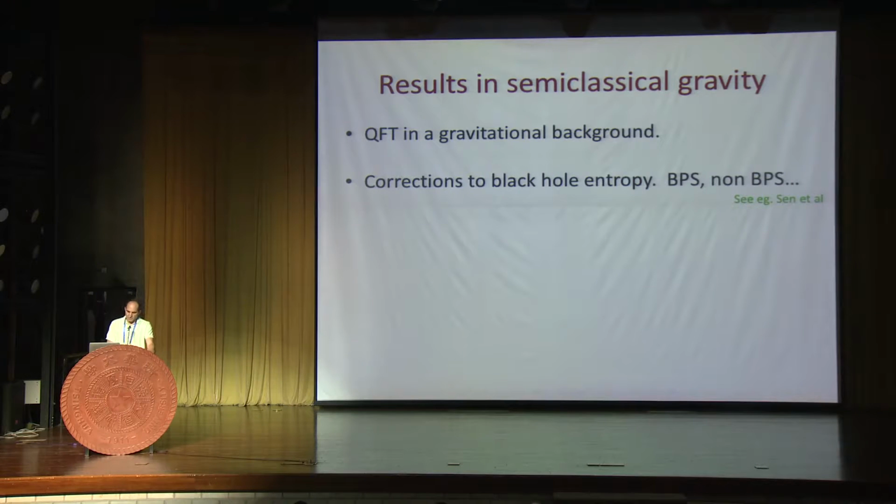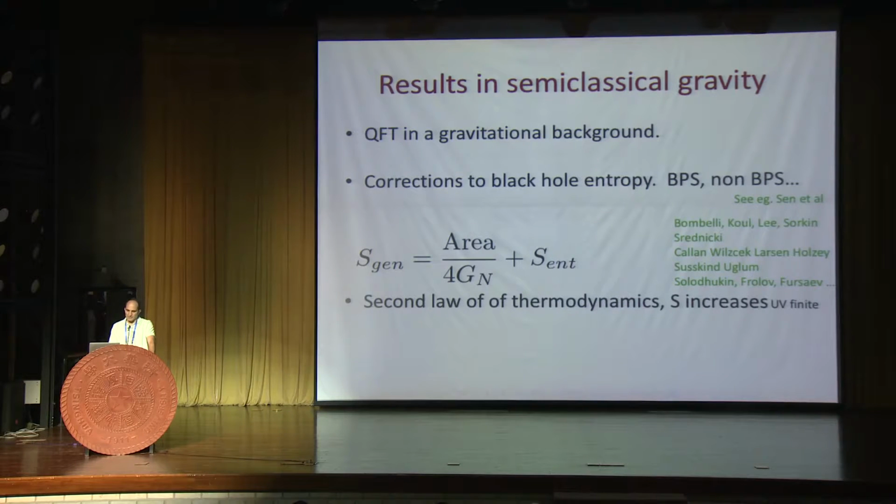And I'm not going to review that, so I'm just saying that it exists. But one important point is that we can think of the entropy in terms of something that's sometimes called generalized entropy, or let's say the total entropy, as being the area plus the entanglement entropy of the fields outside the black hole.